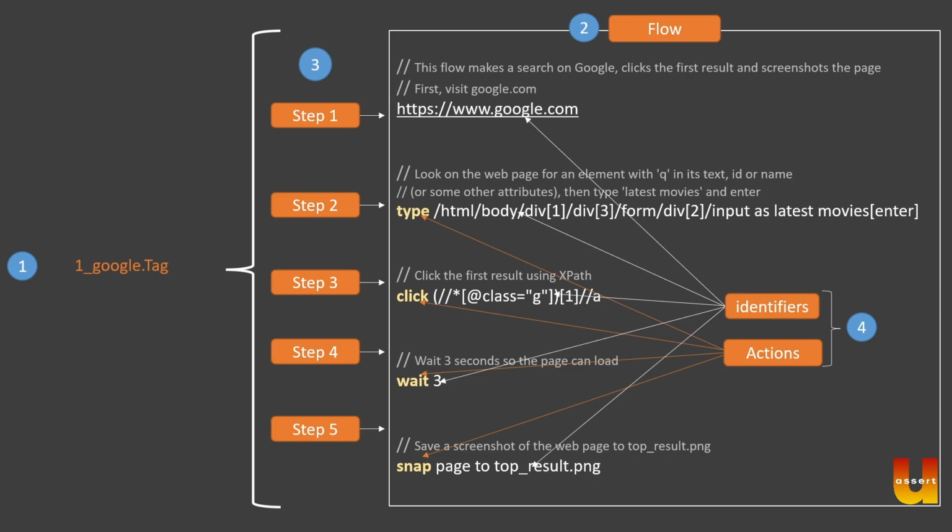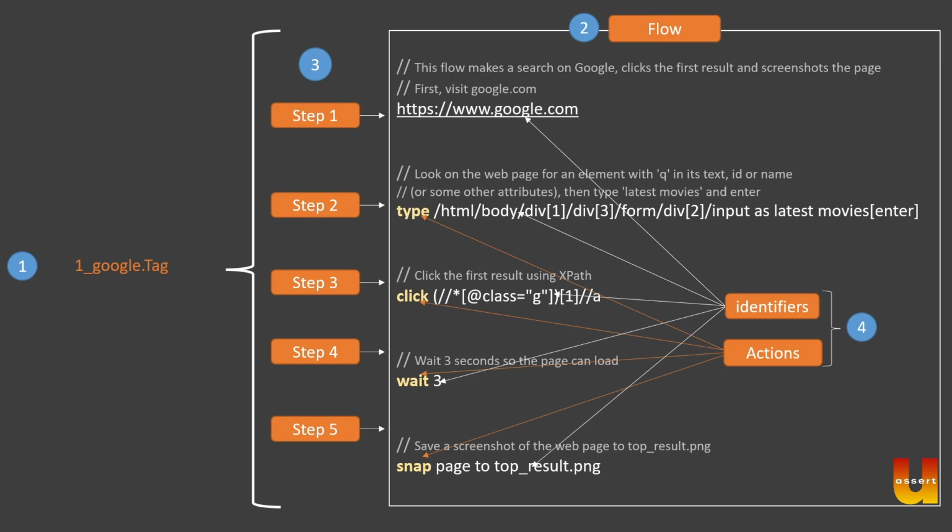So how, where, or how much is what the action and identifier construct decide. For example, in this case, launch is an action, and we are saying launch what, which is Google. So we are launching google.com on a browser.